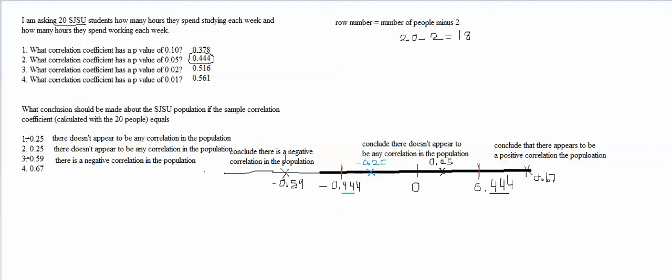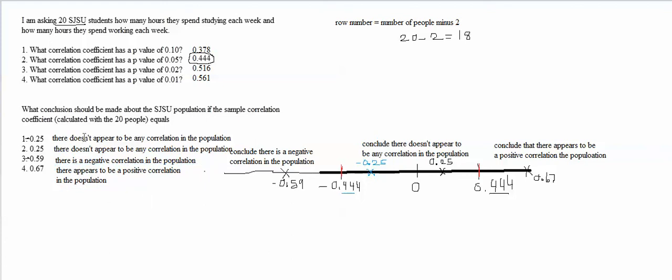That's just a little bit of wording that I left out. So since it falls in this right section out here, conclude that there appears to be a positive correlation in the population. That's the third answer.